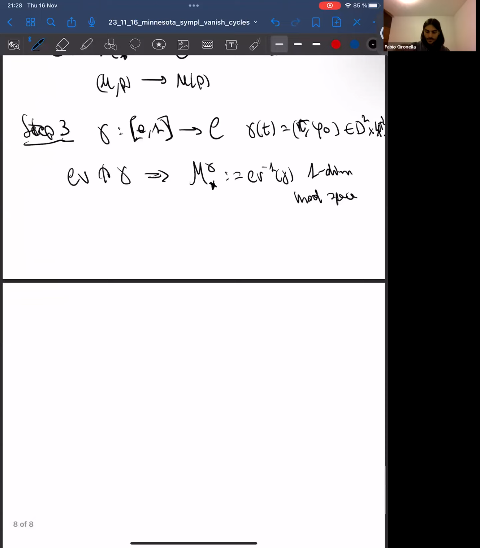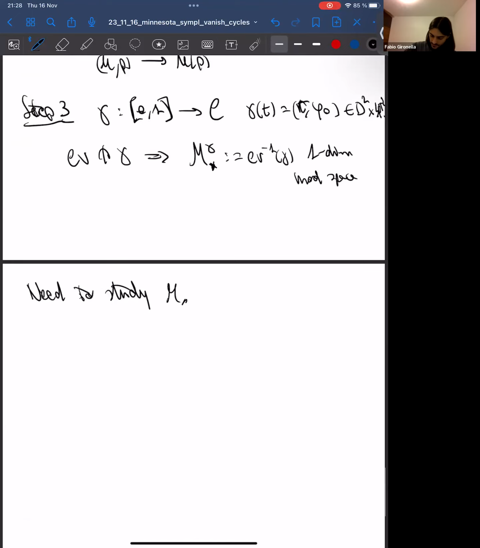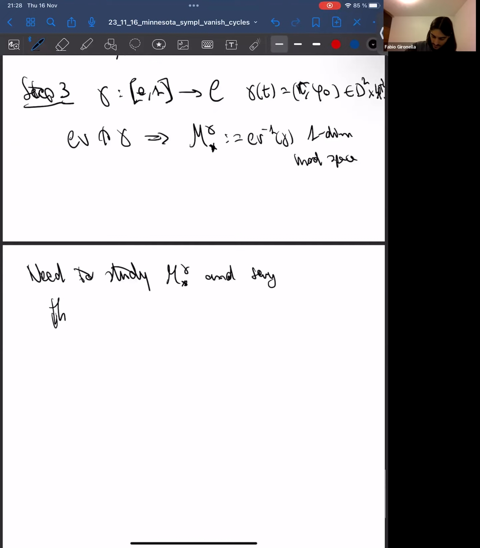Now there are a bit of details that I don't have the time to explain, but one needs to study this one-dimensional moduli space, or rather its compactification.